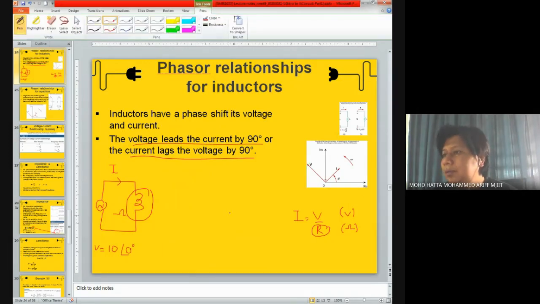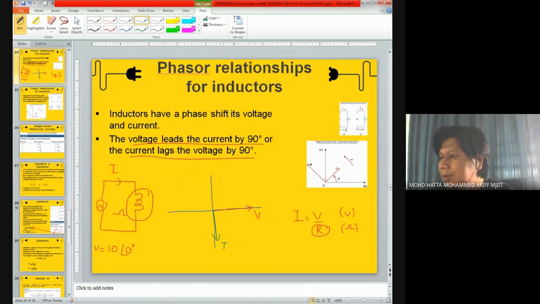What I try to tell you here is, let's say this is the phasor diagram that we are considering. Our voltage is 10 with the angle of 0 degrees. This here is our voltage. And it says the voltage leads the current by 90 degrees, which means the current should always be drawn here.